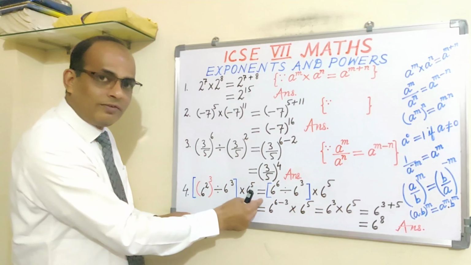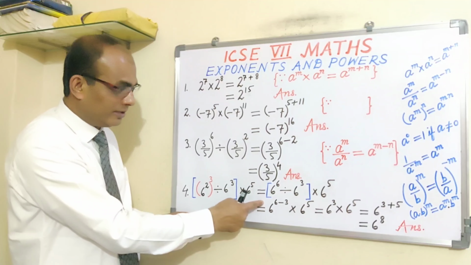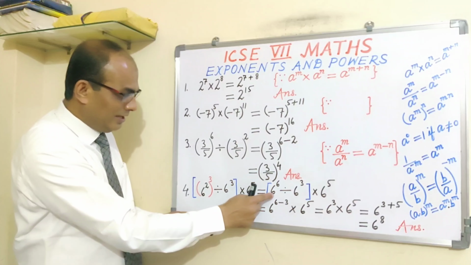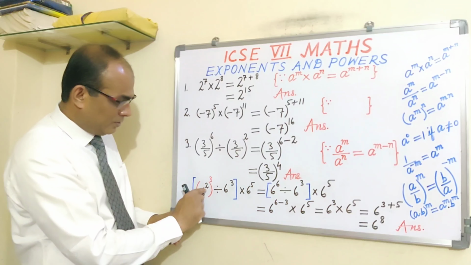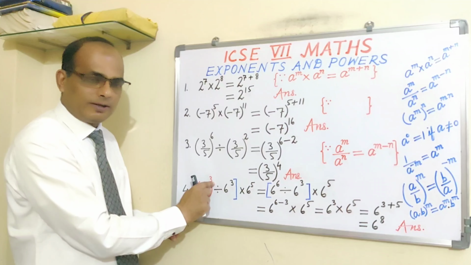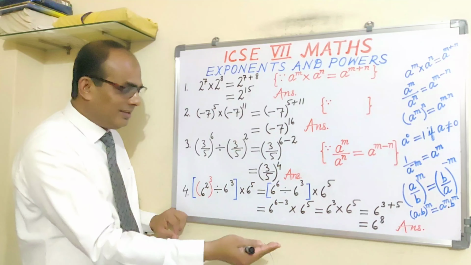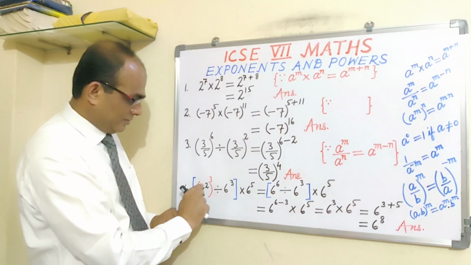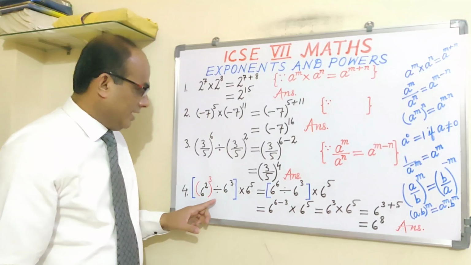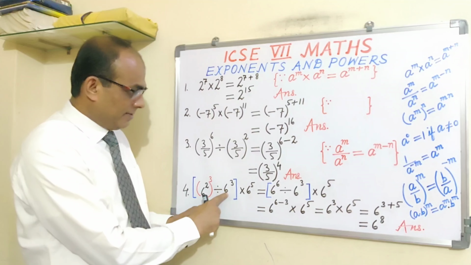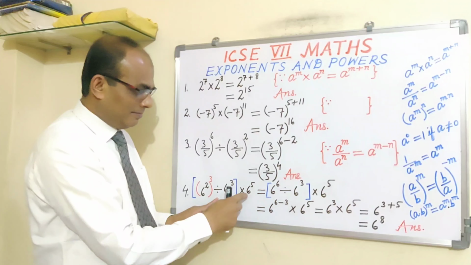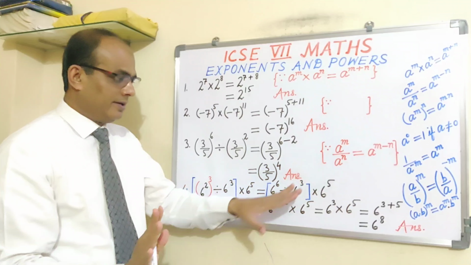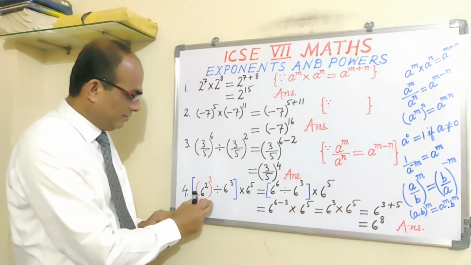That one step I should have written down here but didn't, so please write it down. Before you write 6 raised to the power 6, write 6 raised to the power 2 into 3. Show the working. And then in the next step write 6 raised to the power 6, because 2 3s are 6. Then divided by 6 raised to the power 3 as it is, multiplied by 6 raised to the power 5 as it is. The rest of the things we have copied, only this we simplify.